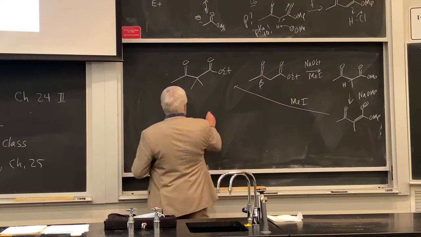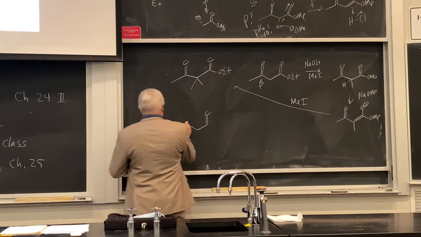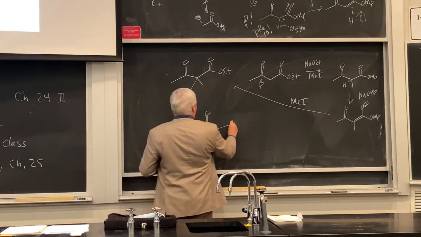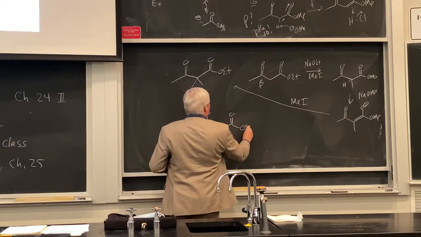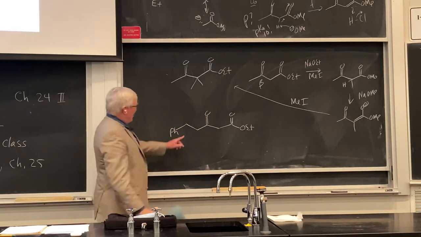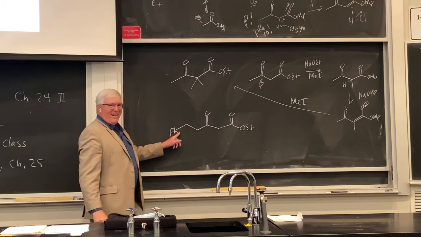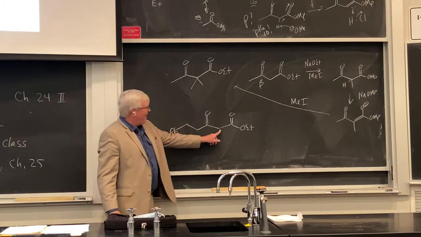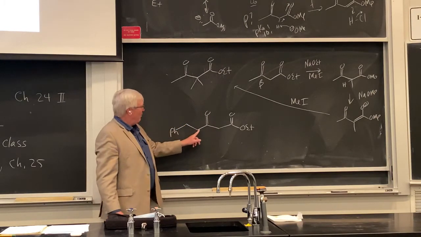What if you want this type of product? Where you've got your basic Claisen structure there, but you want to put a group out here. Now, it's easy to alkylate right here. That pKa is 10. But what about over here?